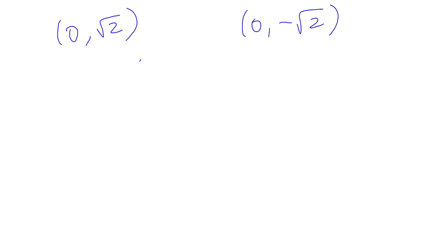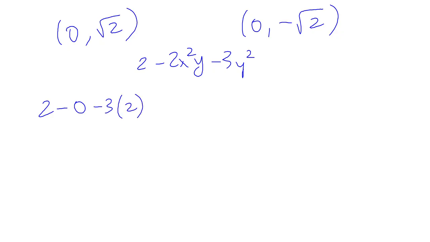The denominator of our derivative was 2 minus 2x squared y minus 3y squared. If I check those in the denominator of my derivative, I just have to confirm that they don't equal 0. So that'll be 2 minus, well, if x is 0, that whole middle term is 0, and then minus 3 times root 2 squared.